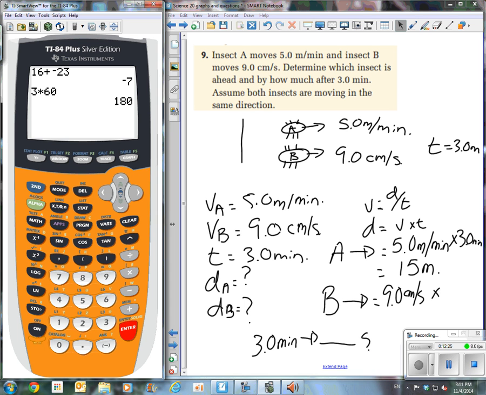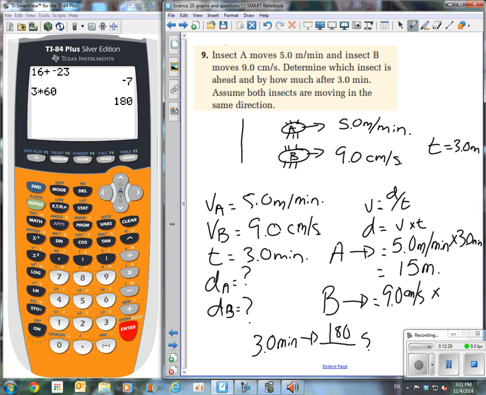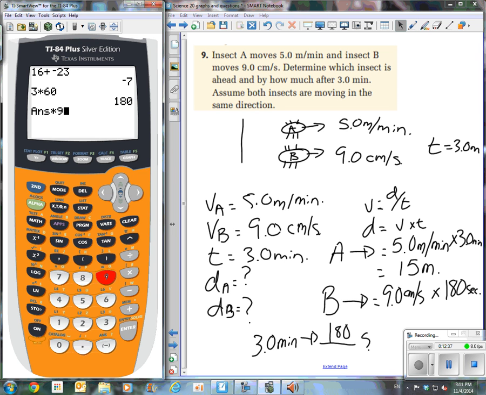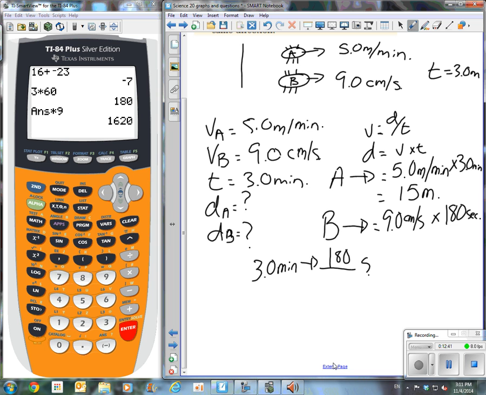So I get 180 seconds. So times by 180 seconds, times by 9, and I get 1,620 centimeters. So now I need to go from centimeters to meters.